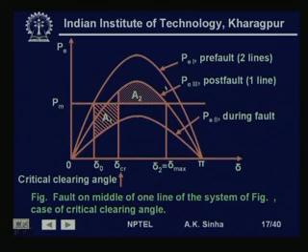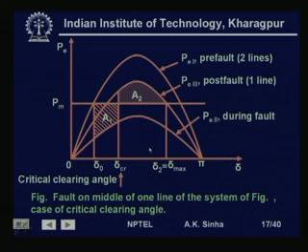So, this is what is depicting this situation. This area A1 increases also if our initial operating point is higher or if our clearing angle is larger. Now, in this case, we see this A1 is just equal to the maximum available A2, and therefore, we call this the critical clearing angle.